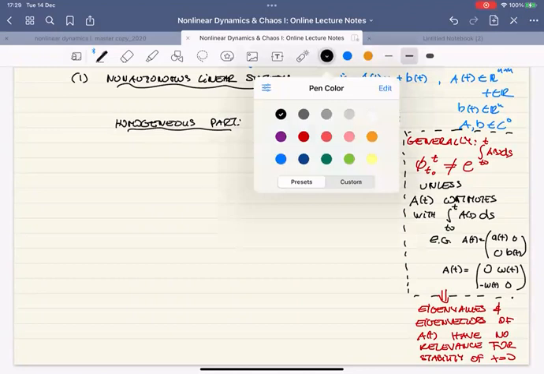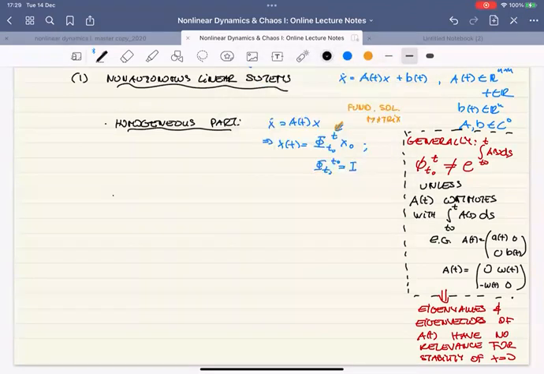So what about the inhomogeneous part? What do we know about that? The general solution to the full problem, so let's call this star.